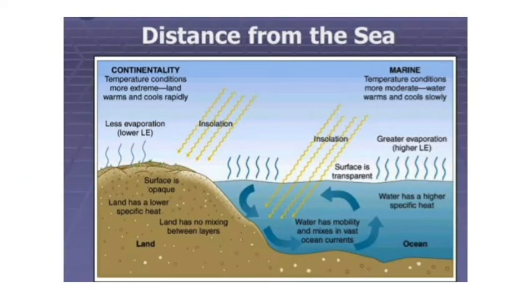Let's see how distance from the sea is a factor which affects the distribution of temperature. Land surface gets heated rapidly and cools rapidly. Places close to the sea experience moderate temperatures, known as maritime influence.